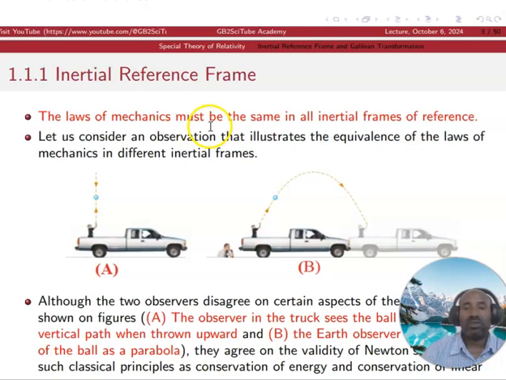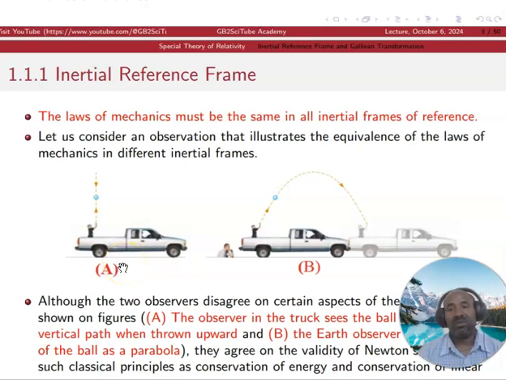In the first vehicle, in figure A, a person is throwing a certain object upward, and he observes the object's motion going upward and downward. If somebody observes this situation from outside the car, it will look the same.